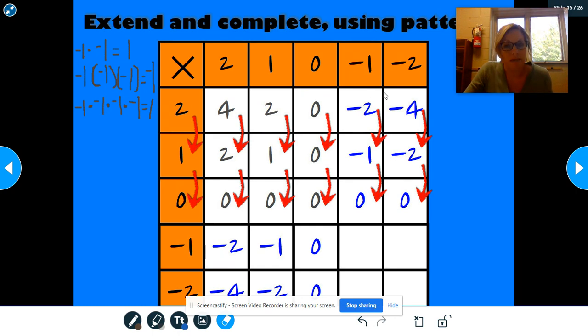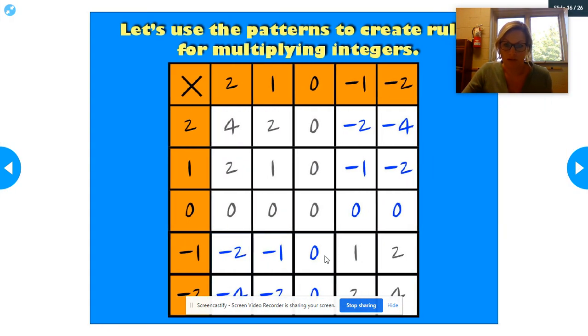So positive multiplied by positive equals positive. Negative times negative equals positive. Negative times positive equals negative. Let's find out. So look, positive, positive, positive, positive, positive, positive, positive, negative is when you have one of each.